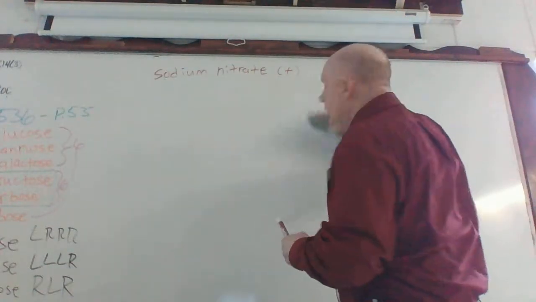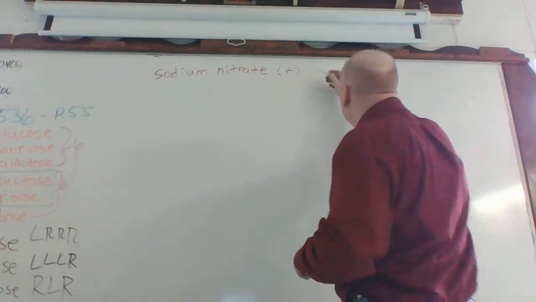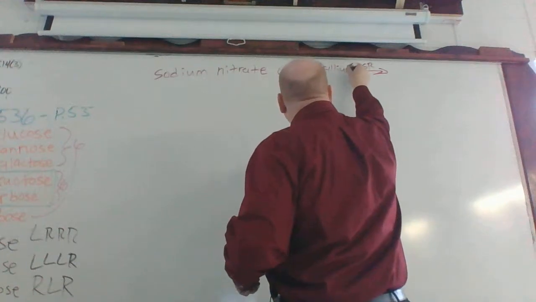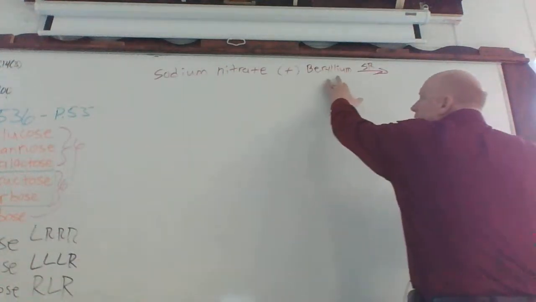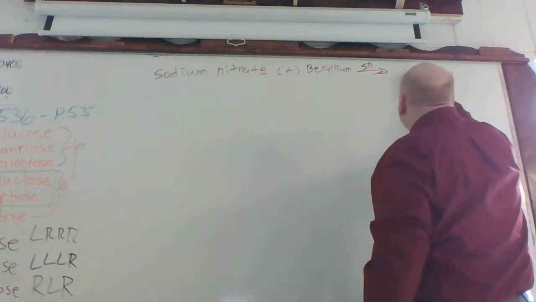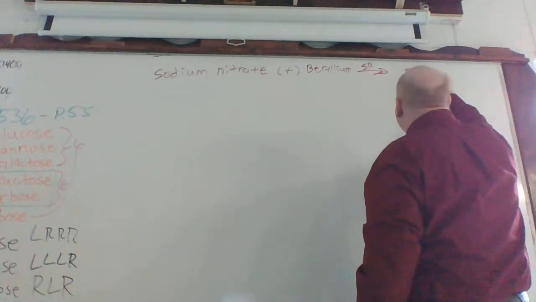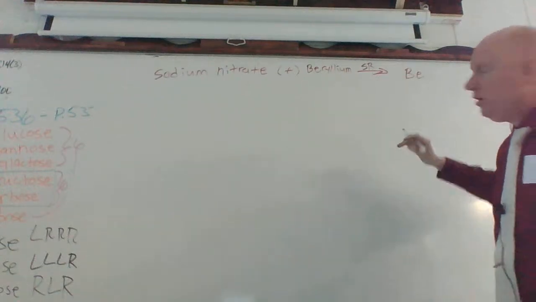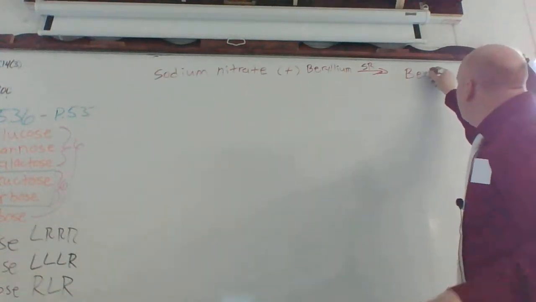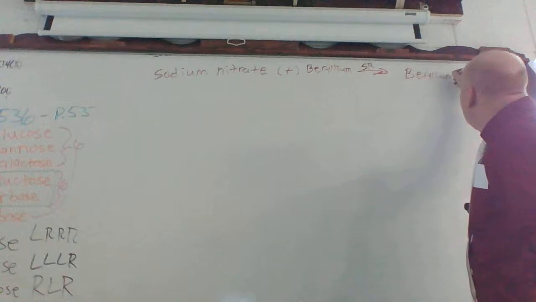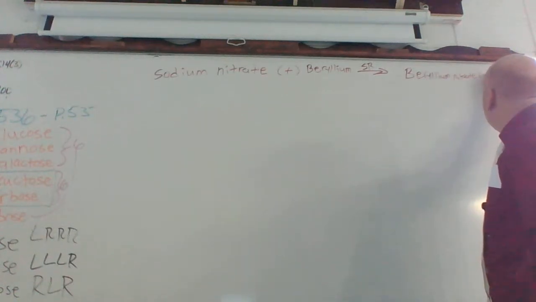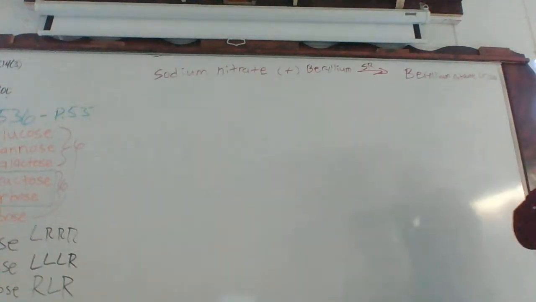Beryllium, again, also a lone metal, is still a single replacement. Beryllium, we see a lone metal, we'll kick the sodium out of there, so that gives us Be, and then beryllium nitrate plus sodium, or Na.